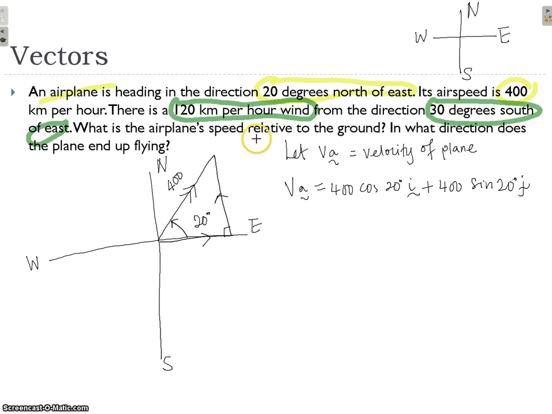How about the velocity of the wind? If we draw another diagram just for the wind only, 120 km per hour wind from the direction of 30 degrees south of east. So here N, E, S, W, from the direction 30 degrees south of east is here, but it's from here.